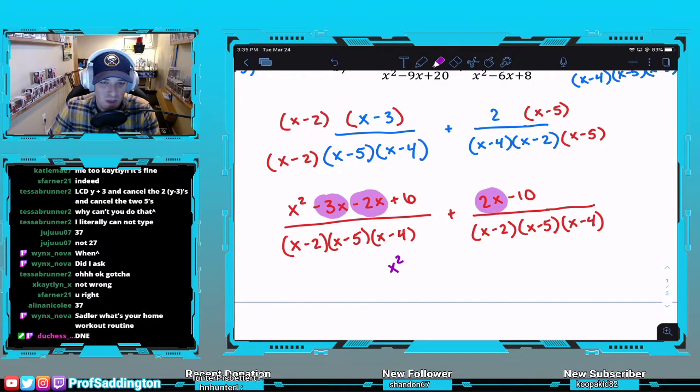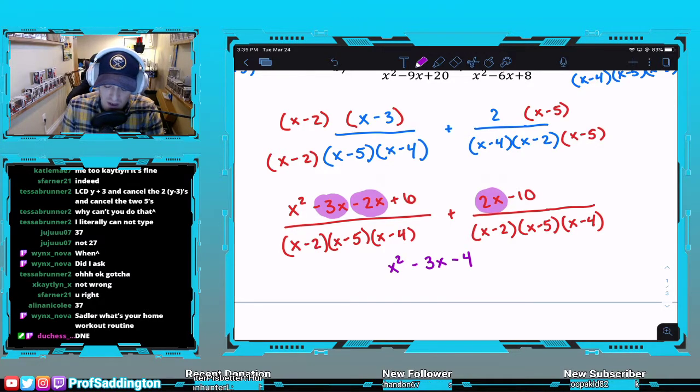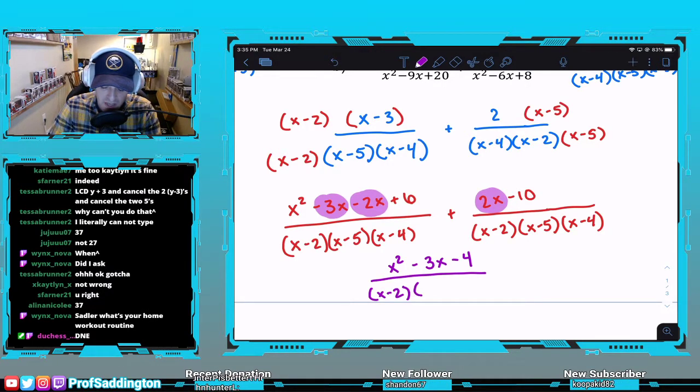Well, the 2x's are really just going to cancel out, so we're only left with negative 3x. And then the last part is just going to be 6 and negative 10. Well, if we combine those together, it's just going to give us negative 4, all over x minus 2, x minus 5, and x minus 4.